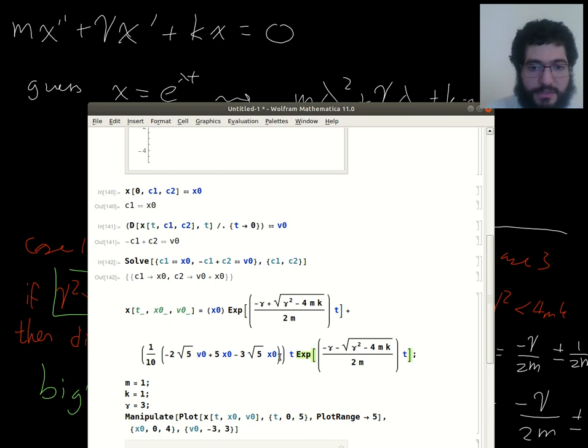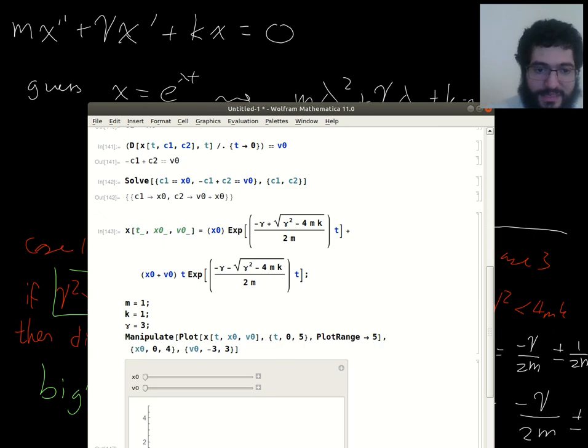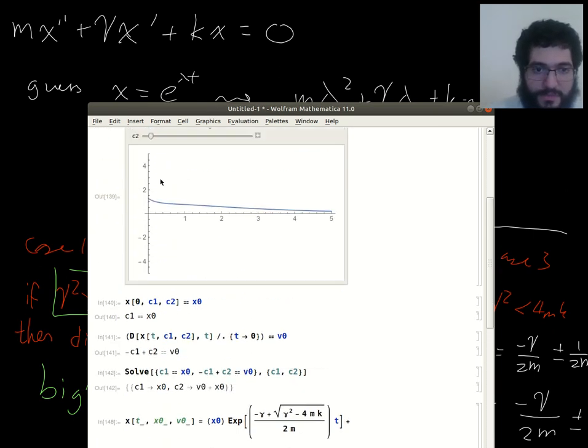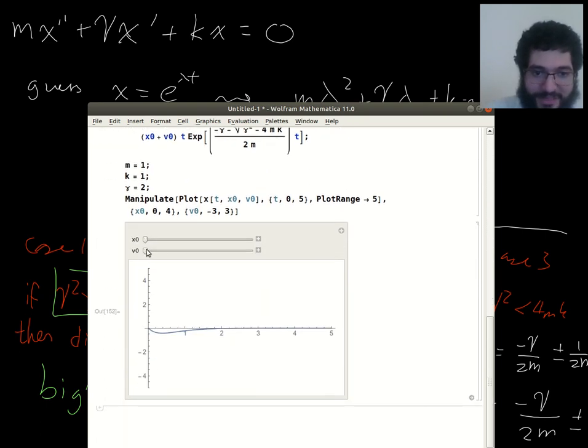Okay, this one used to say C2. Now it will say V naught plus x naught. Okay, now, and I need to change this to 2, which is what we had up there. This is not the cleanest code here, but it gets the job done.